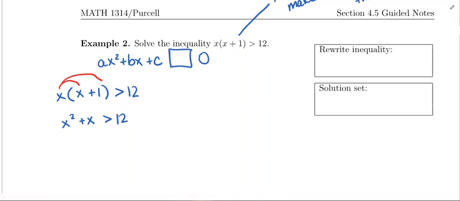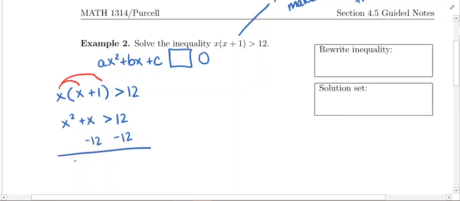My recommendation is that you move things over so that the x squared term stays positive. So I am going to move the 12 over. 12 is positive, so I'm going to subtract it from both sides. My rewritten inequality is x squared plus x minus 12 is greater than 0.